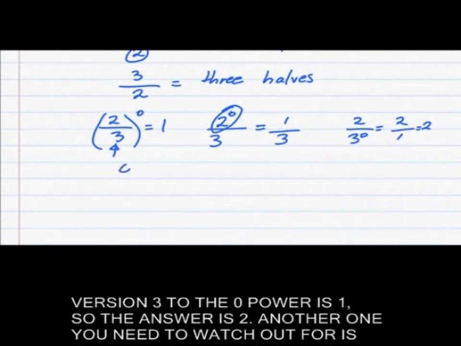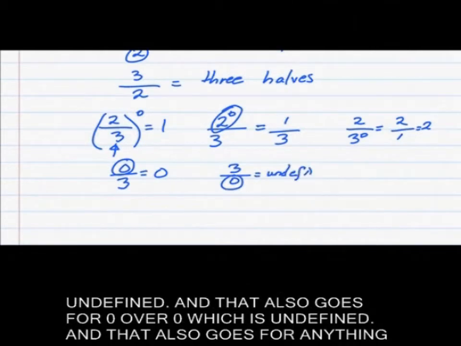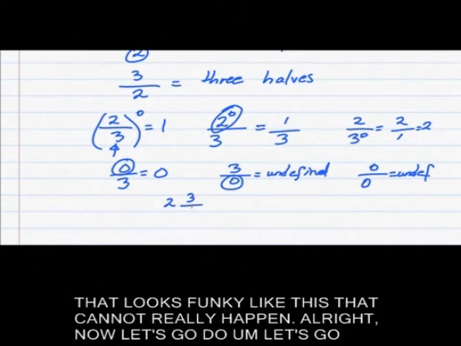Another one you need to watch out for is when your numerator is 0, the answer is 0. But when the denominator is 0, the answer is undefined. That also goes for 0/0, which is undefined, and for anything that looks funky like this. That cannot really happen.